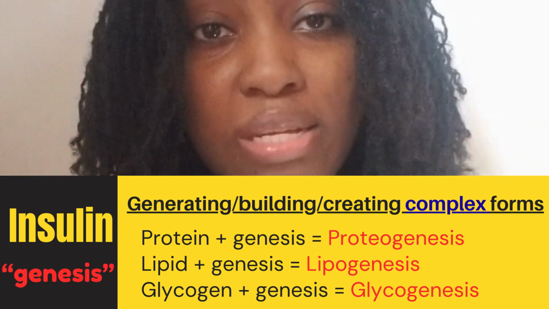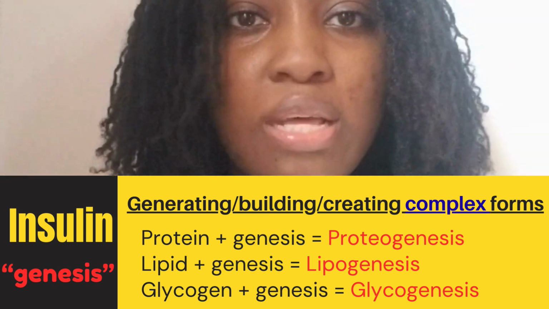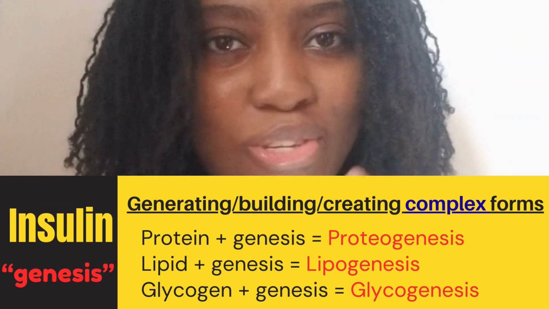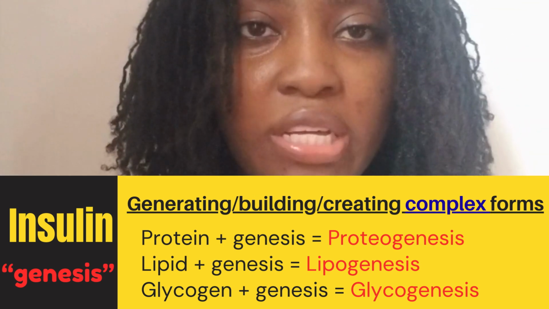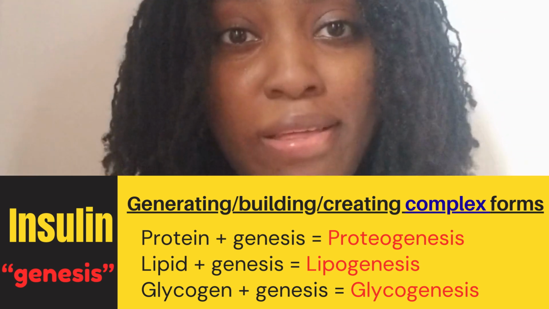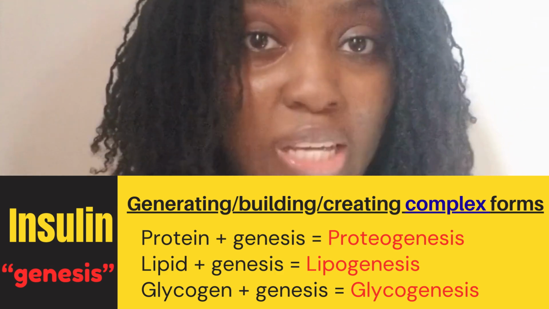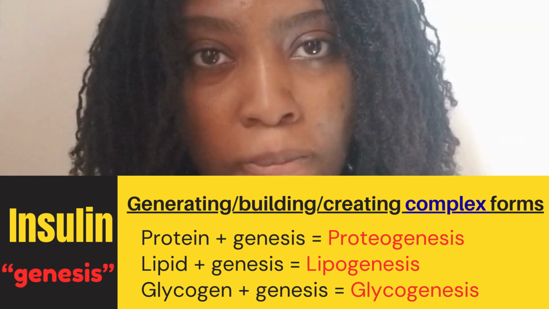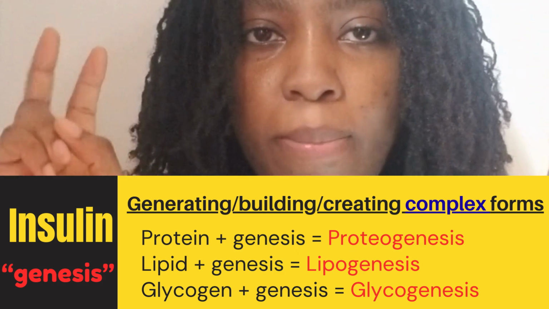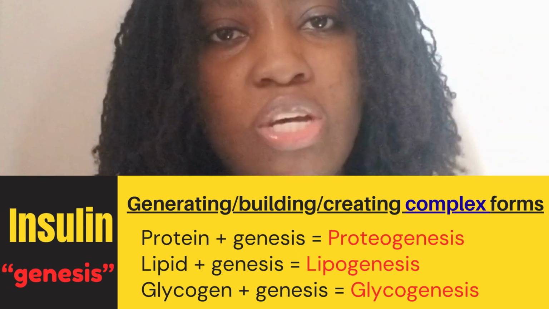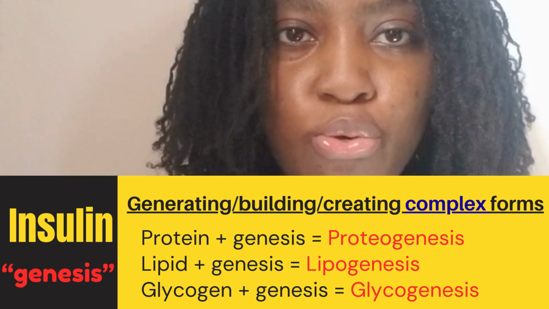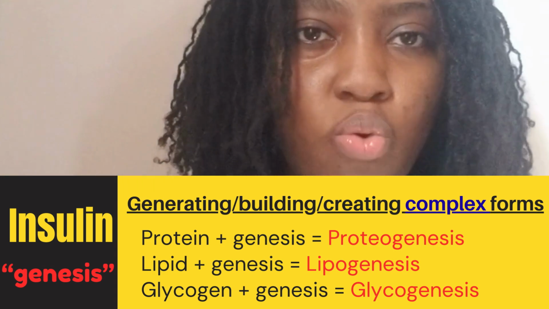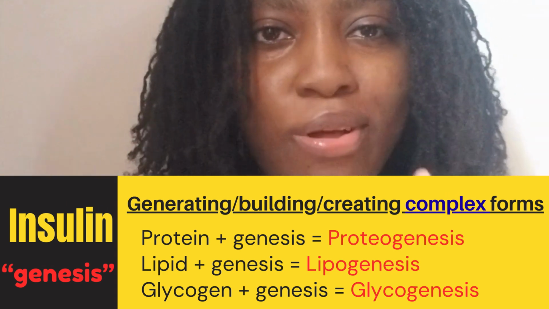If you want to create glycogen from glucose, we call that glycogenesis. So you see what insulin does. Insulin does the generating, the genesis, the creation, the building of these complex forms. So anytime you think about insulin, think genesis of complex forms. So proteogenesis, glycogenesis, and then lipogenesis.